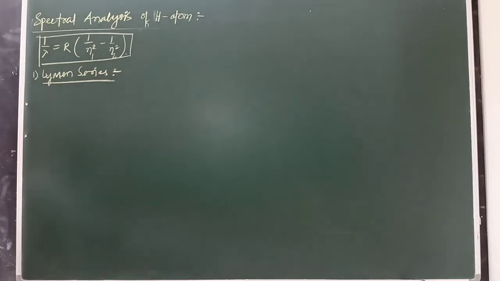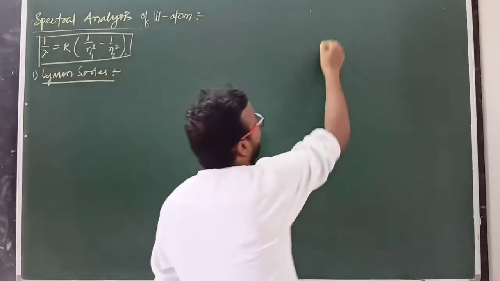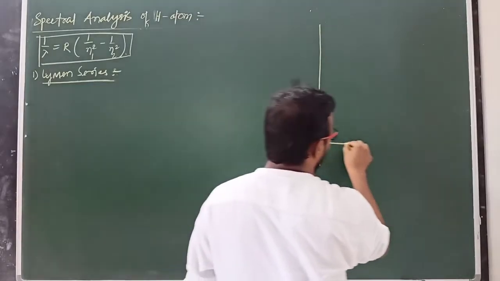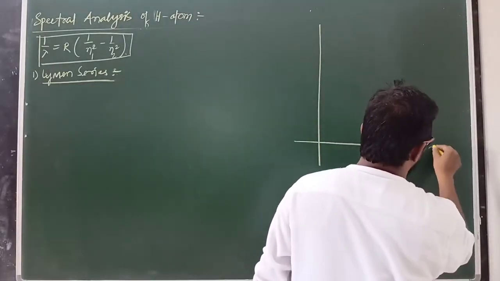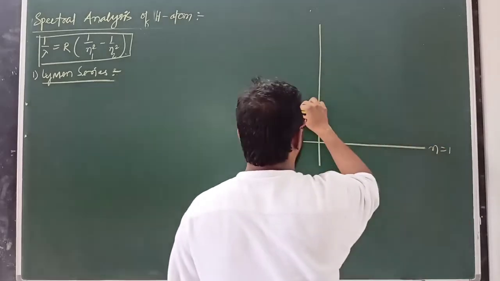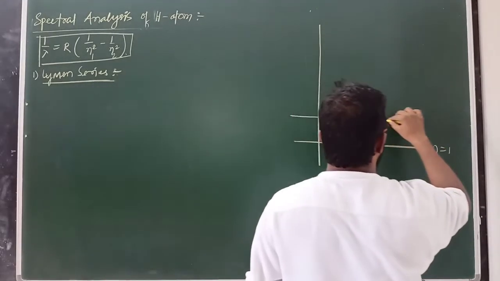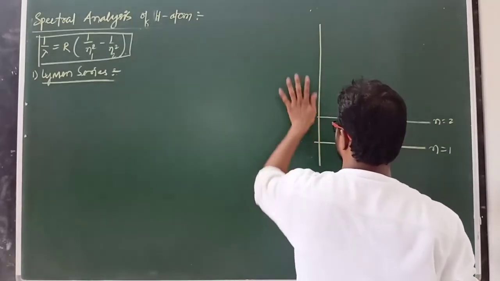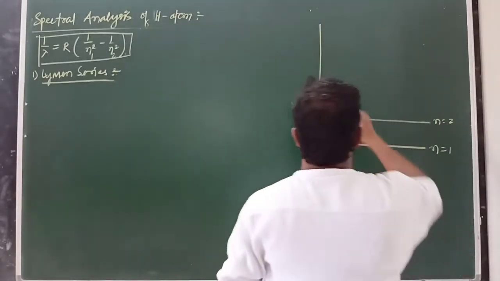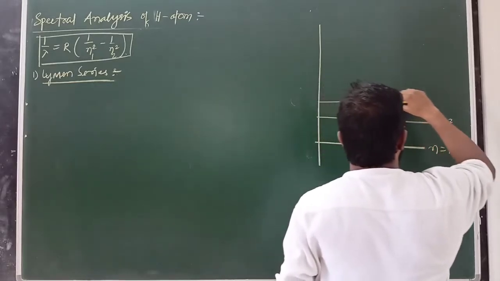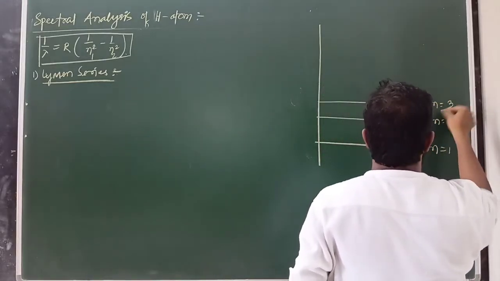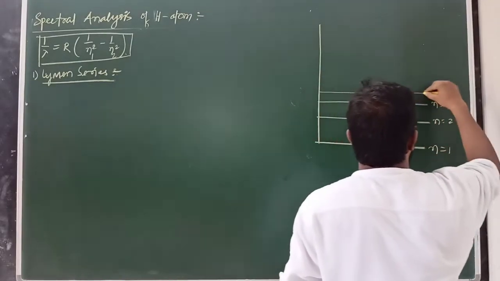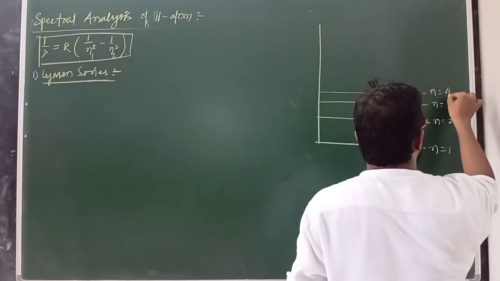In this case, first we have to draw an energy level diagram here, and you already know, suppose this is n equal to 1, and here n equal to 2, and this energy gap, it is n equal to 3, and here n equal to 4.